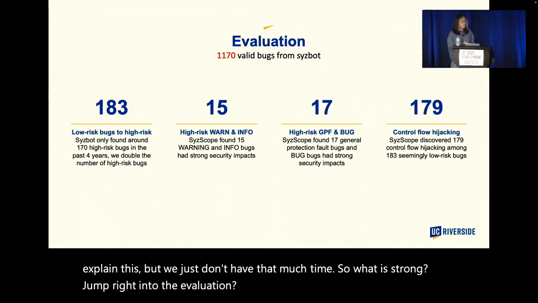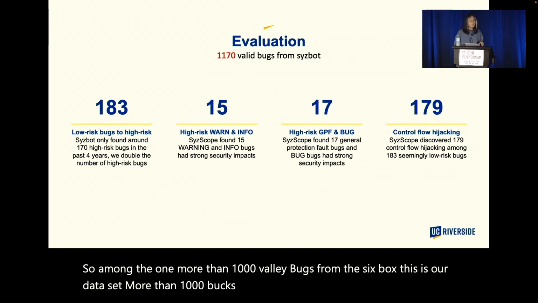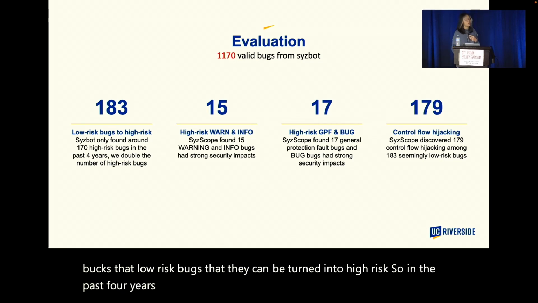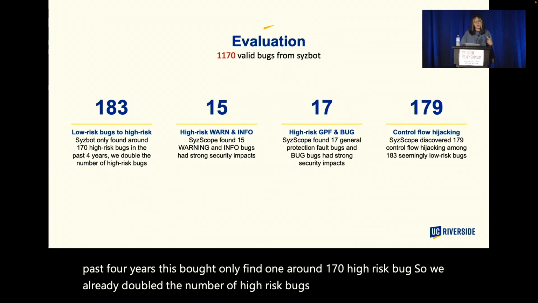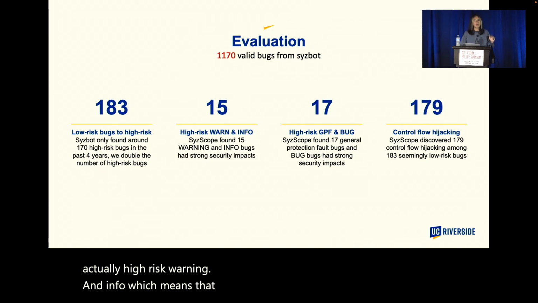Among the more than 1,000 valid bugs from syzbot, which is our data set, we find actually around 20%, 183 low-risk bugs that can be turned into high risk. In the past 4 years, syzbot only found around 170 high-risk bugs. So we have already doubled the number of high-risk bugs. And 15 of them are high-risk warning and info bugs, which means those warning and info bugs have at least one high-risk security impact.